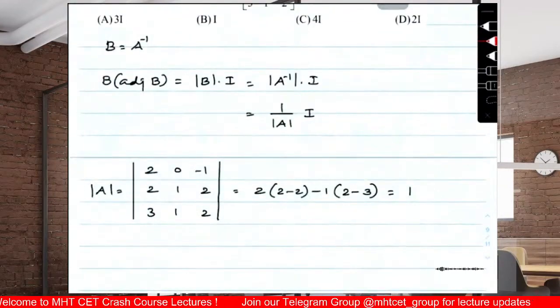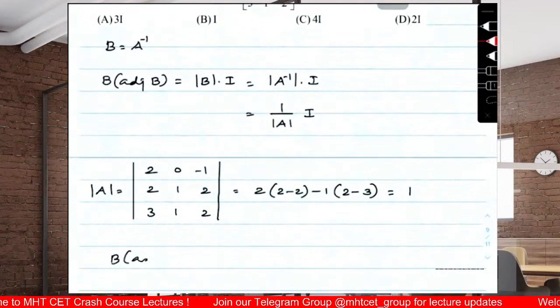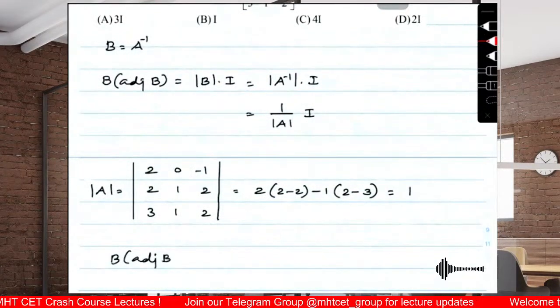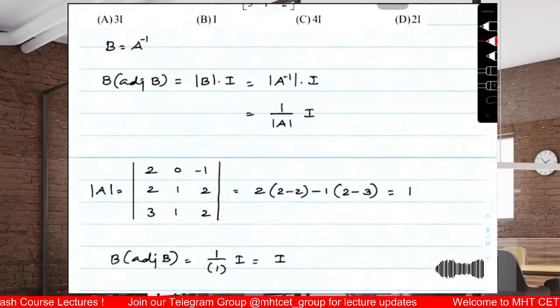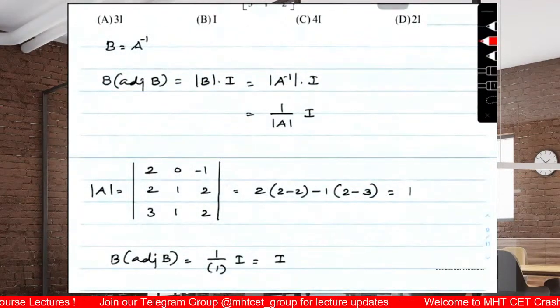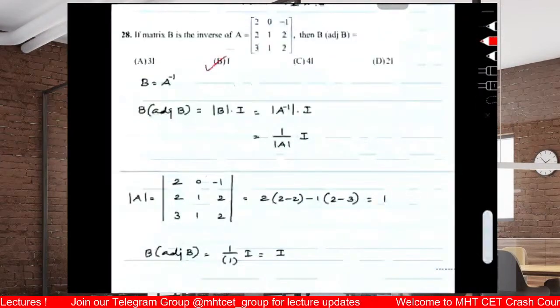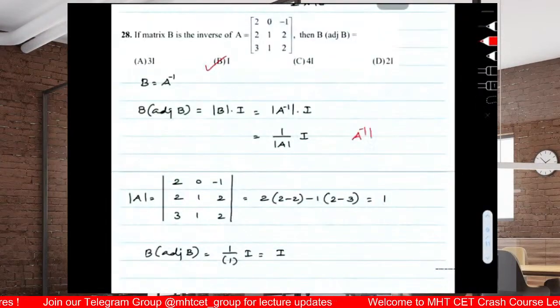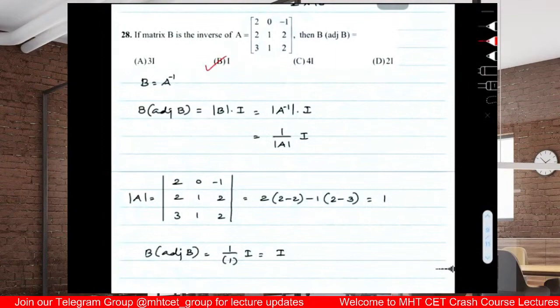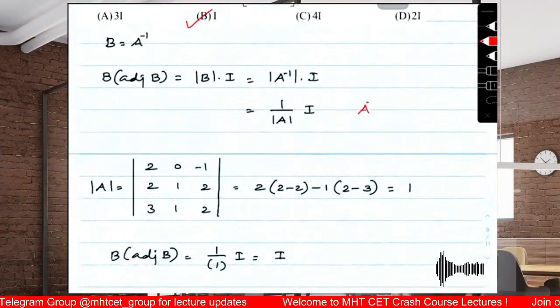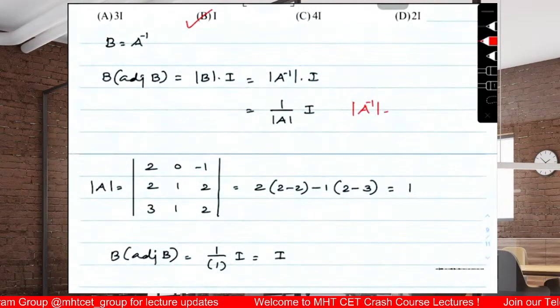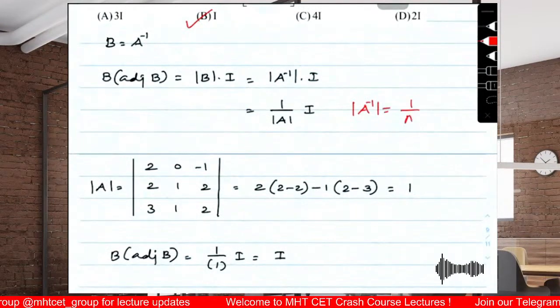So substitute in this. So B into adjoint of B will be 1 upon determinant of A, which is 1. So I, option B. Formula used here: determinant of A inverse is same as 1 upon determinant of A.